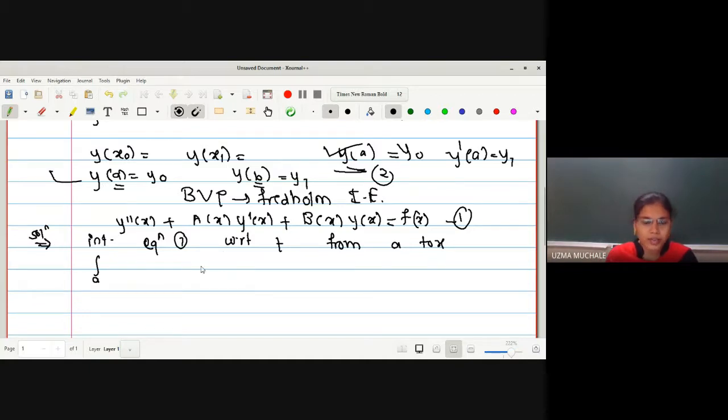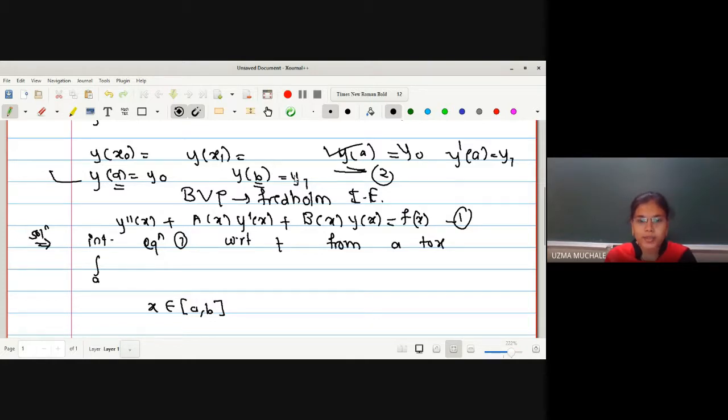If you still have confusion, let me ask you one question. What is x? x is a variable which lies between a to b. Here the provided interval is y of a is y naught and y of b is y1, so we can assume that x is in the interval a to b. After the solution of this, when we integrate we have to put limits, y of x minus y of a and so on.